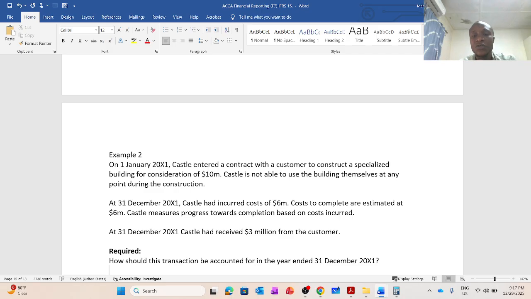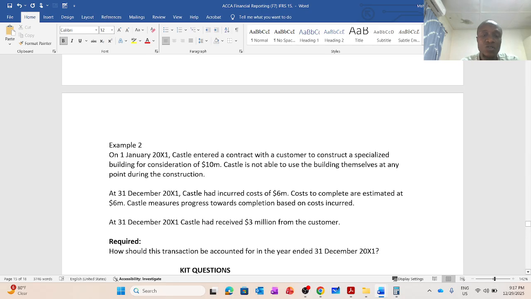Castrol is not able to use the building themselves at any point during the construction. At 31st December, at the end of the year, Castrol had incurred cost of 6 million to date. The cost to complete is estimated at 6 million. So the cost incurred to date and the cost to complete are both 6 million. Castrol measures progress towards completion based on the cost incurred. So the input method is used.